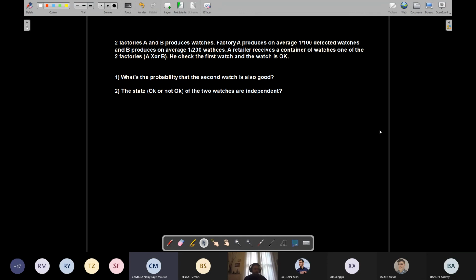So I find 0.5 multiplied by 0.99 plus 0.5 multiplied by 0.98, because this value is the probability that the watches are good, and as we have two kinds of factory, this is why I use 0.5.